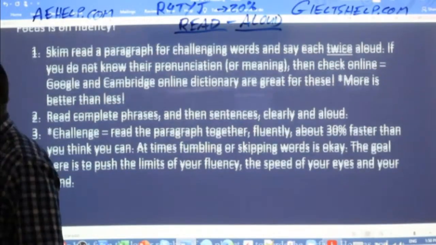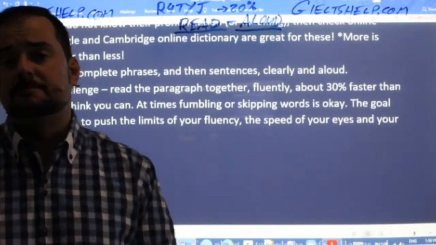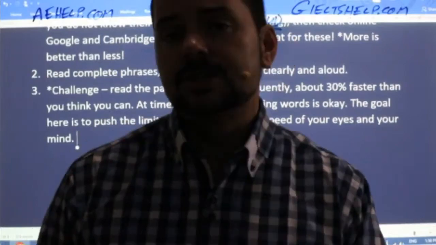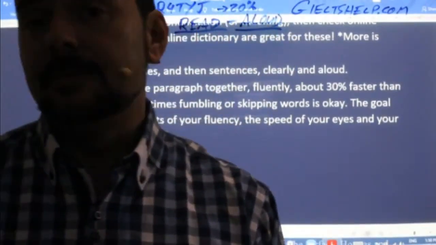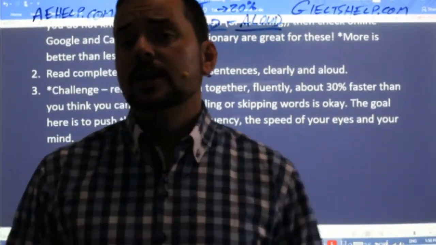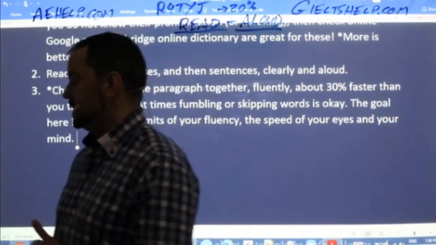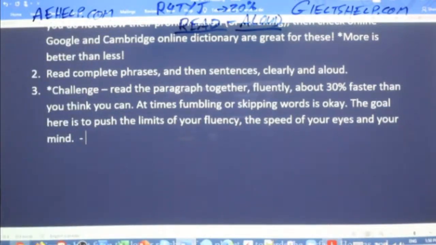Okay? So in order to be faster, in order to be better, you have to push yourself. You have to push your limits. If you always stop at your limit, progress is slow. If you push past your limits, progress is faster. Is that clear? So it may feel awkward. It should feel awkward.